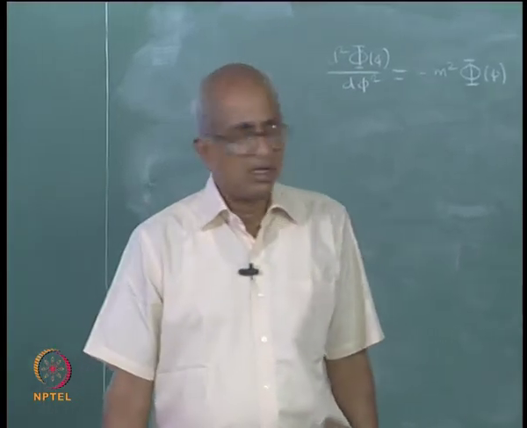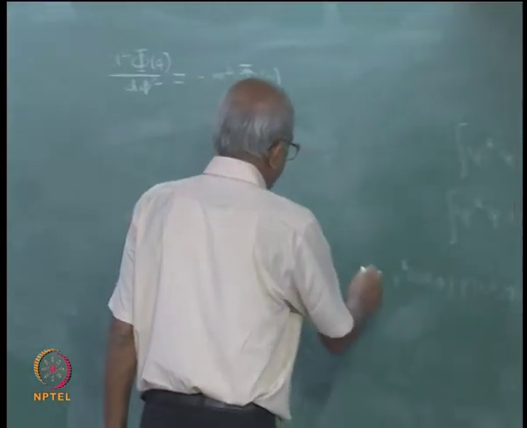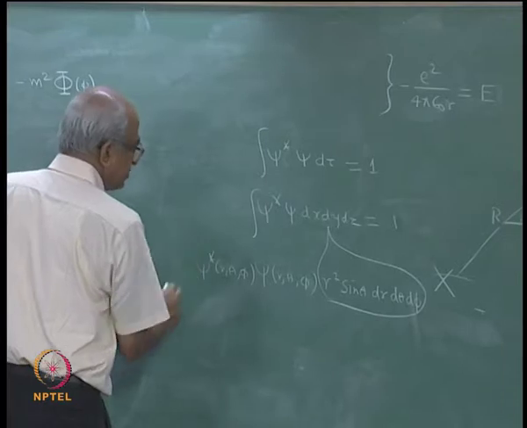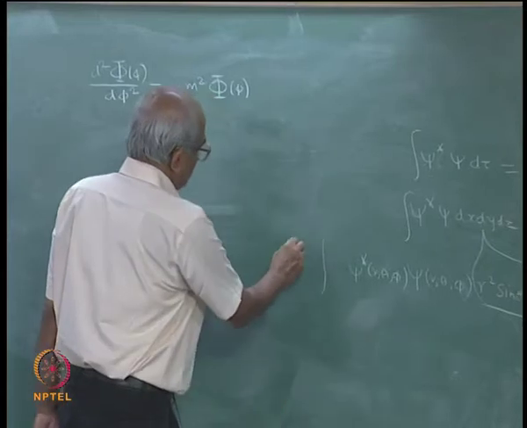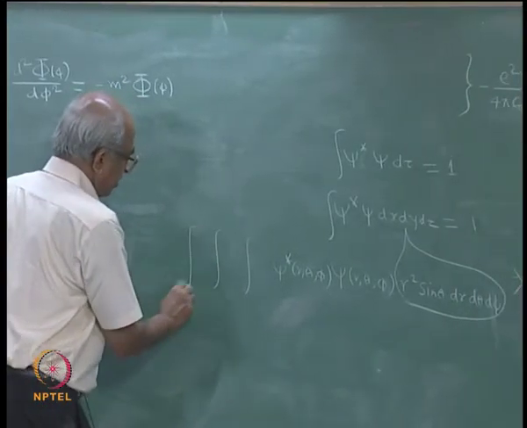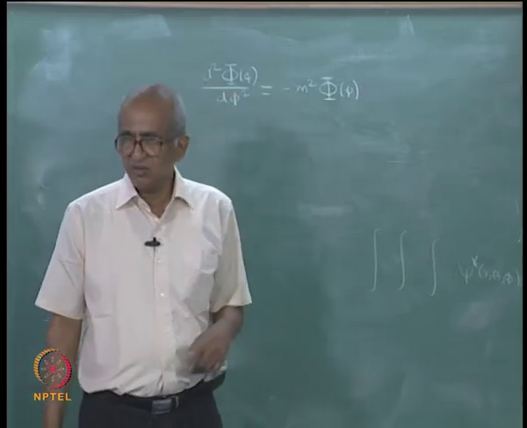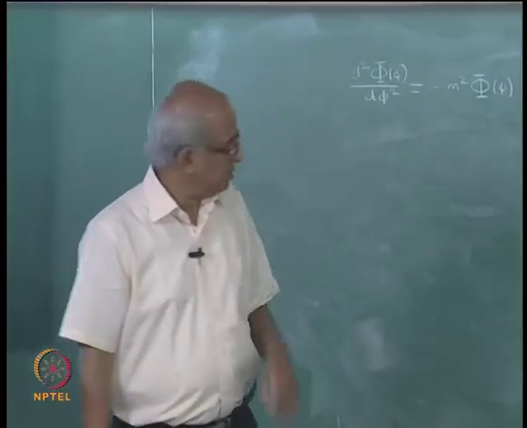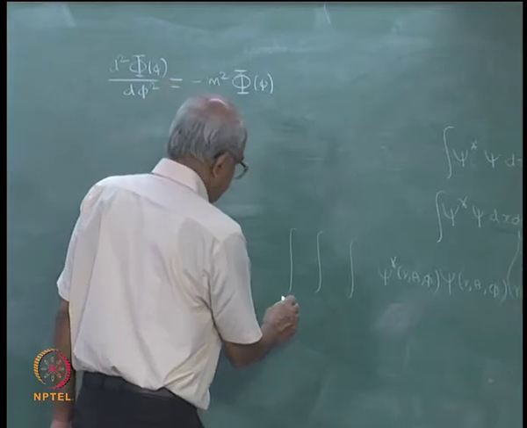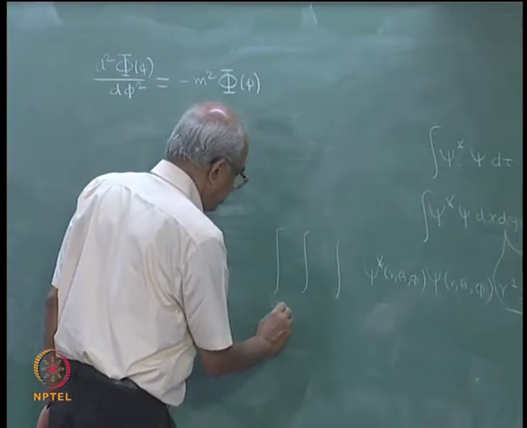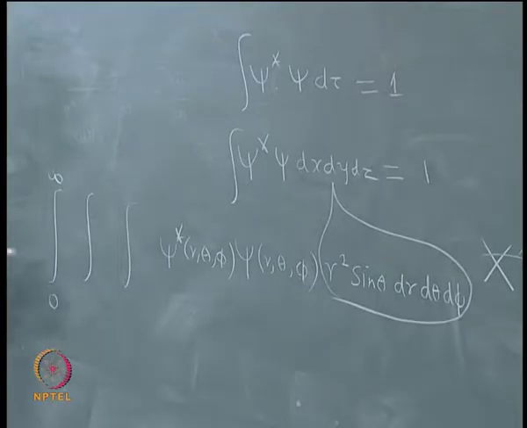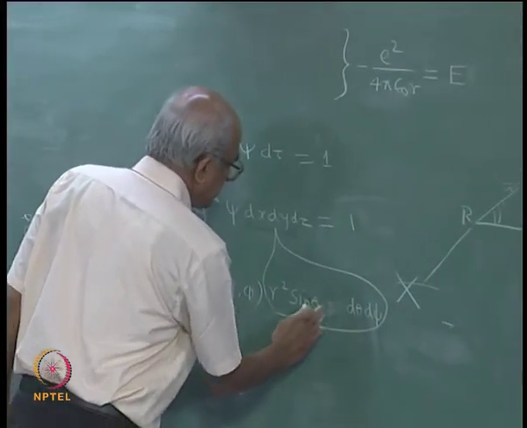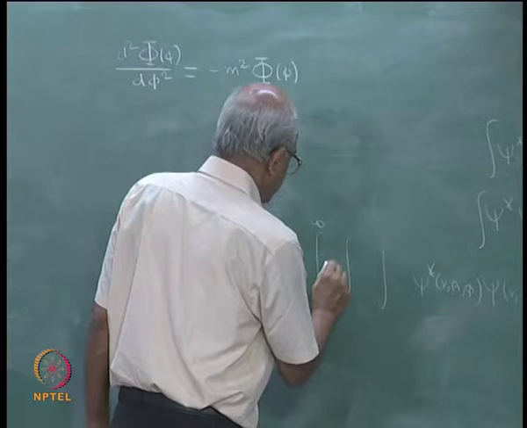Okay. And you have to integrate over the entire space. How will you do the integrations over the entire space? It will be a triple integral because you have 3 variables. Now, the variable r will vary, minimum possible value if you remember is 0, it will go to infinity, right. Just to remind you that this is integration over r, what I will do is I will remove this dr from there and put it here.